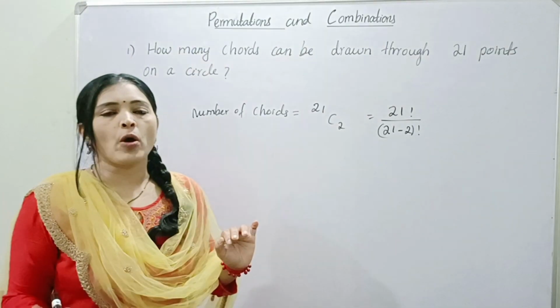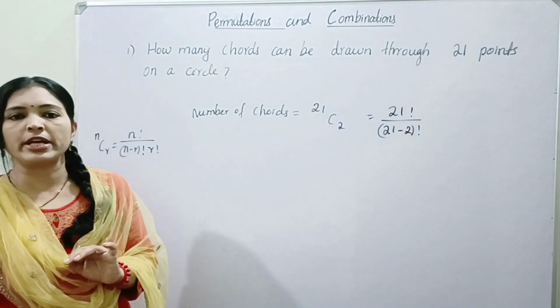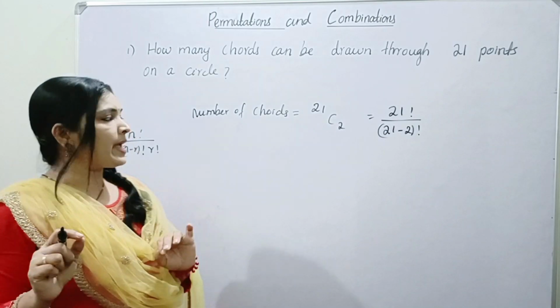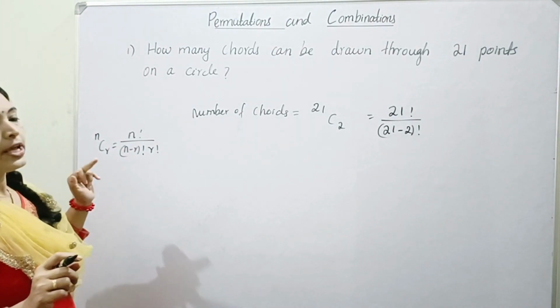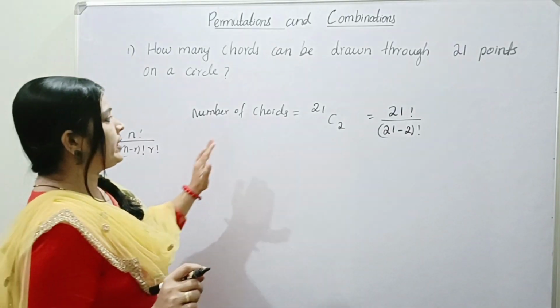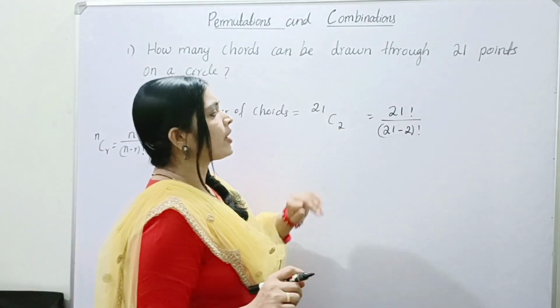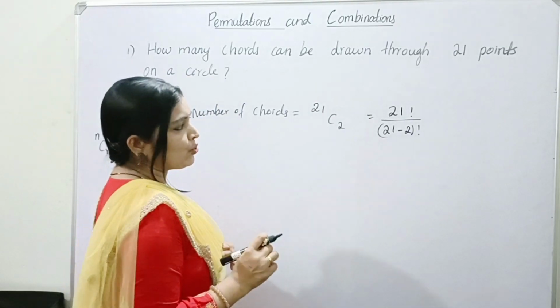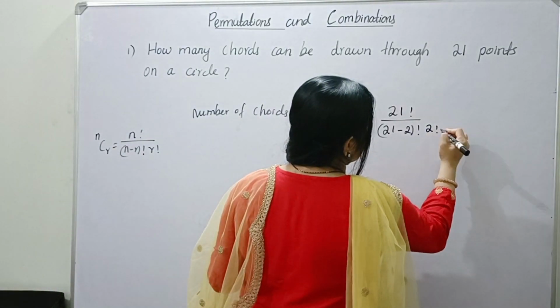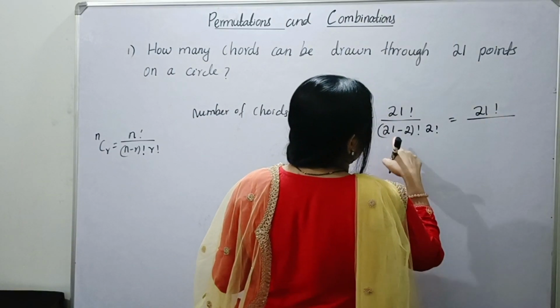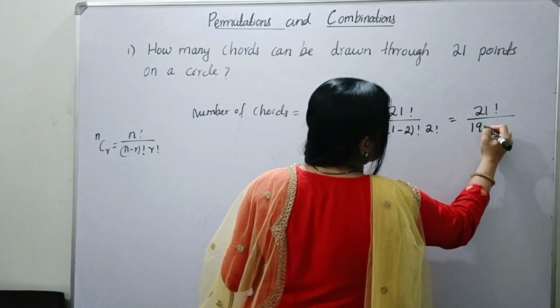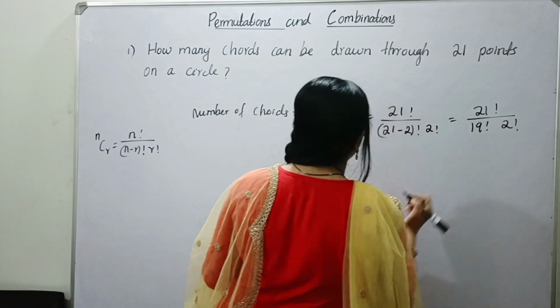The number of combinations of n different objects taken r at a time is n factorial divided by n minus r factorial into r factorial. So here 21C2 is 21 factorial divided by 21 minus 2 factorial into 2 factorial, that is 21 factorial divided by 19 factorial into 2 factorial.